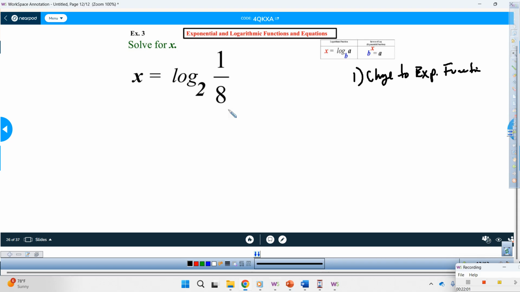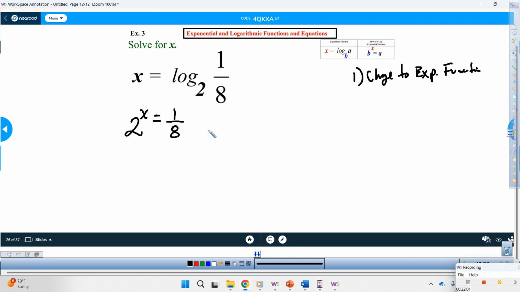All right, show your neighbor your exponential function. All right, so what is the base? Base 2, exponent of x, and all of that equal to 1/8. So far so good, yes?